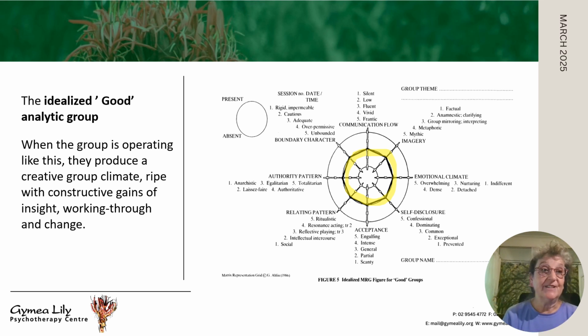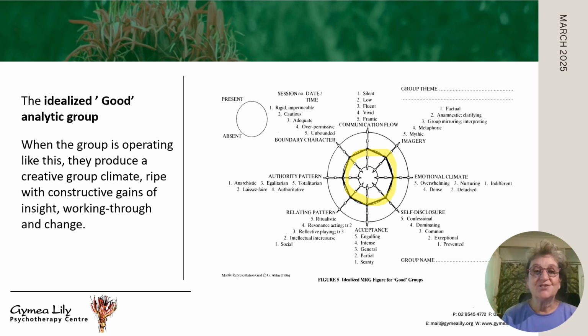So you're going to say, well, what does a good group look like? Obviously we know that it's idealized. This is the idealized good analytic group. When the group is operating like this, they produce a creative group climate.